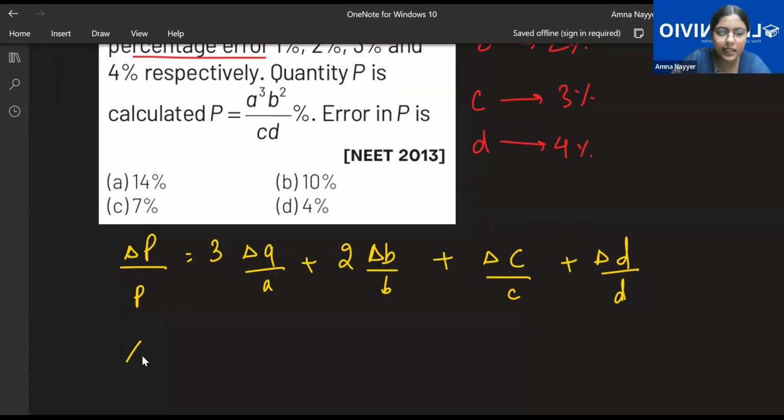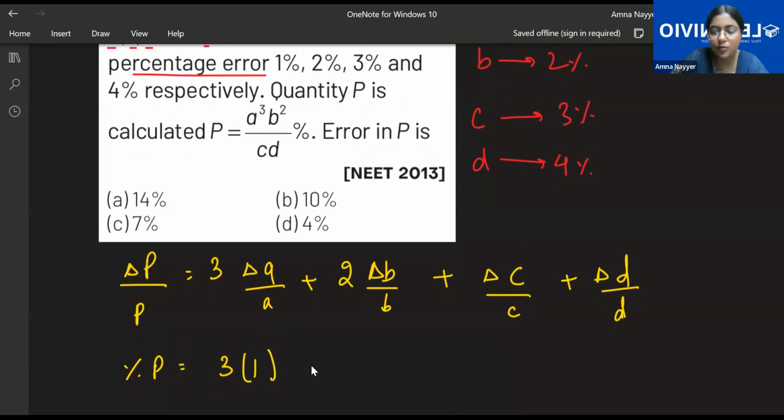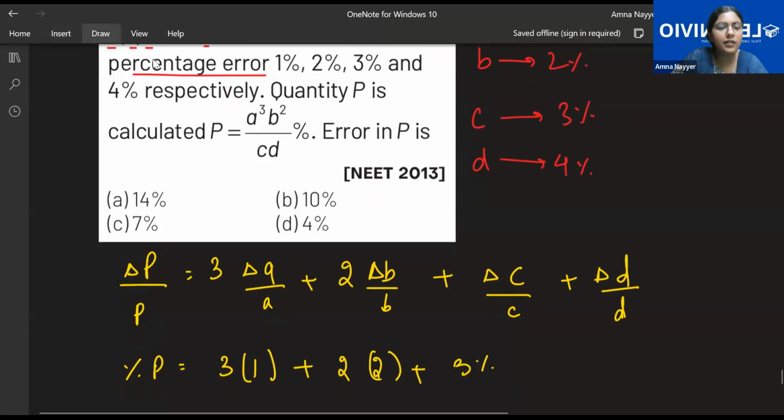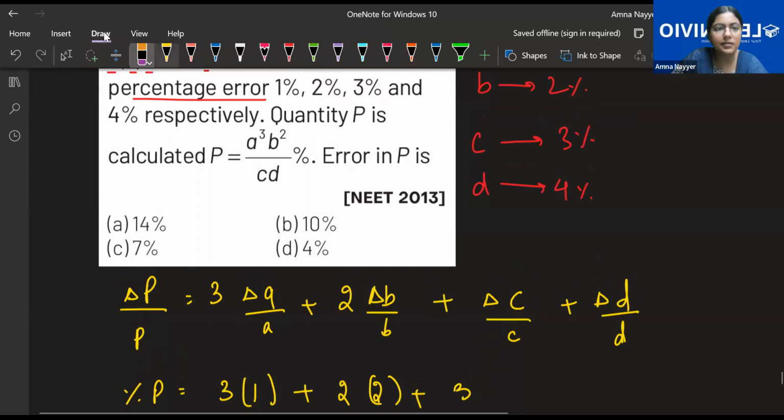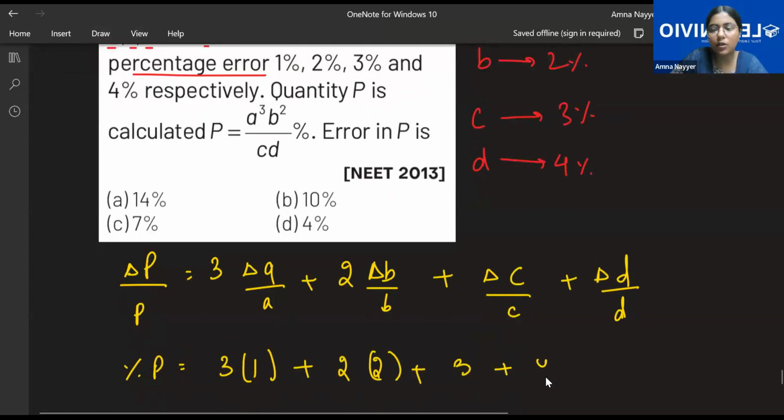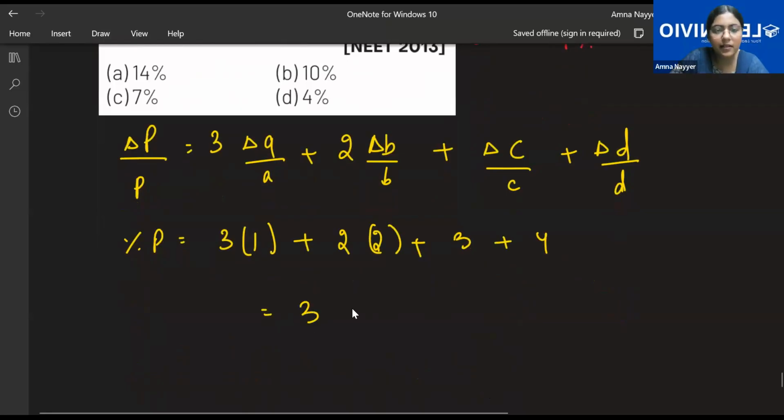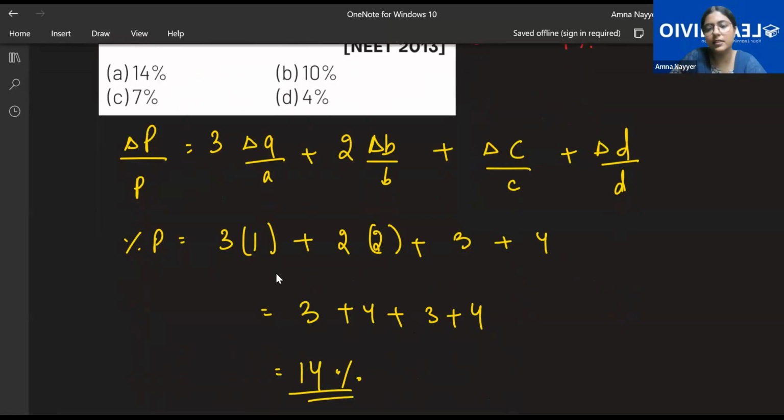This will be the percentage of P equal to 3 times the percentage of A, which is given as 1, plus 2 times the percentage of B, which is given as 2, plus the percentage of C, plus the percent of D. So this makes it 3 plus 4 plus 3 plus 4. That is 14. So 14% is the answer.